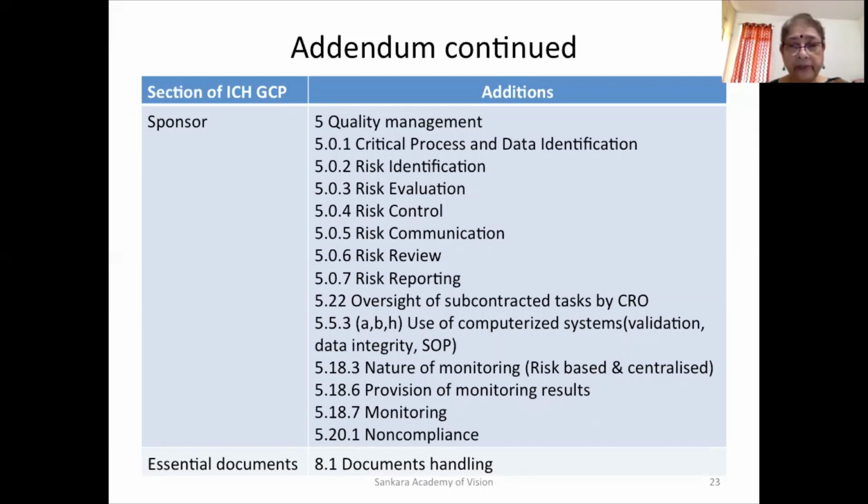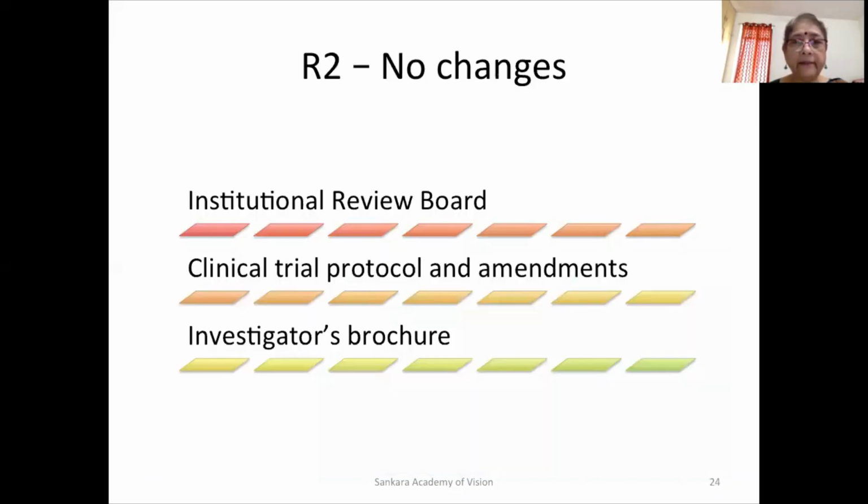Use of computerized systems, because a lot of emphasis is given to electronic media. Use of electronic media, nature of monitoring, provision of monitoring results, monitoring, non-compliance, and so on. And the essential documents, how you actually handle them, also got added. One more point added to that. There were no changes made to what was required from the Institutional Review Board, the clinical trial protocol and amendments, and the investigator's brochure.